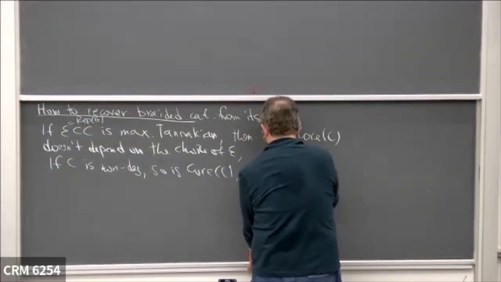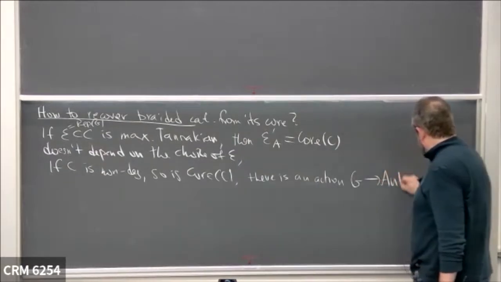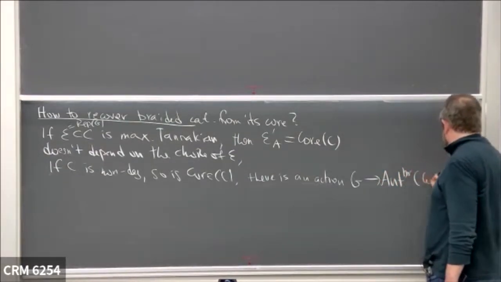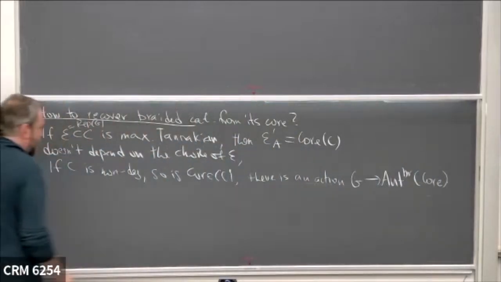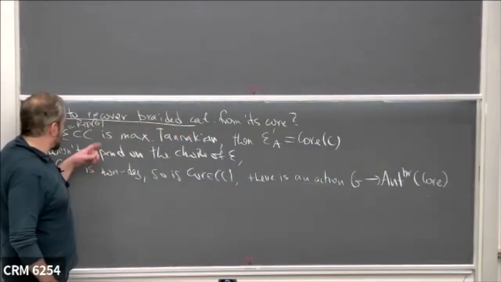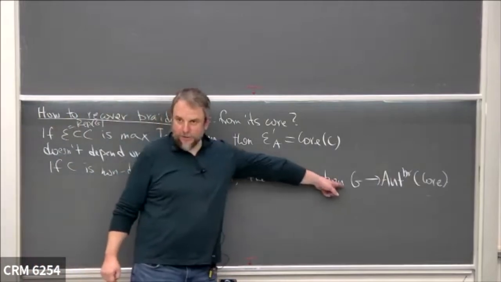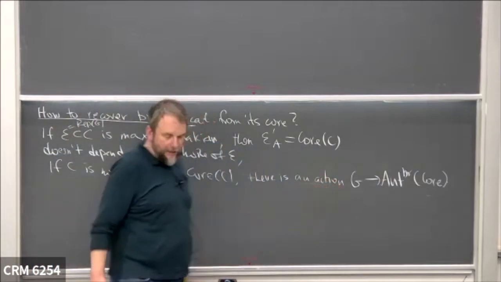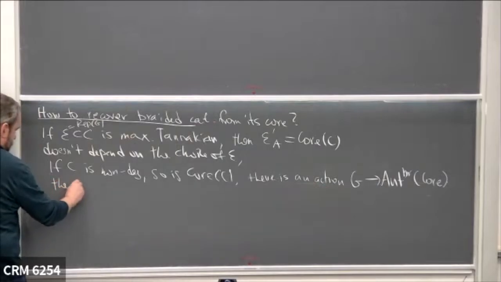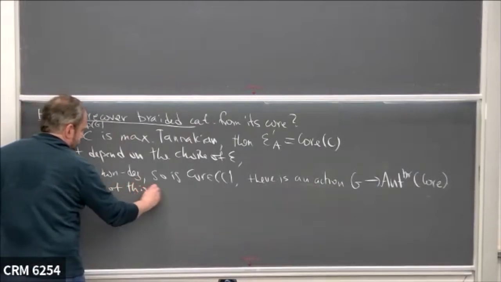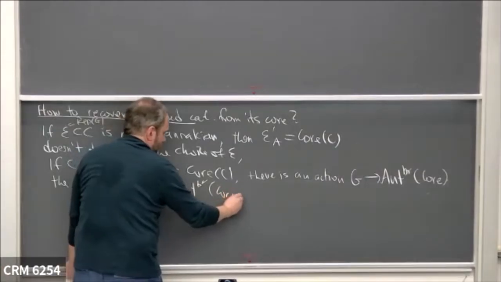There is an action of G by braided autoequivalences of the core. This is not canonical because, like I said, there can be different groups corresponding to different Tannakian categories. But the image of this in the automorphism group is canonical.